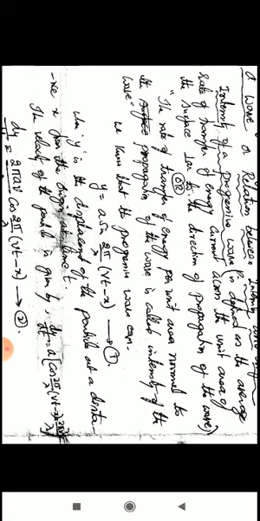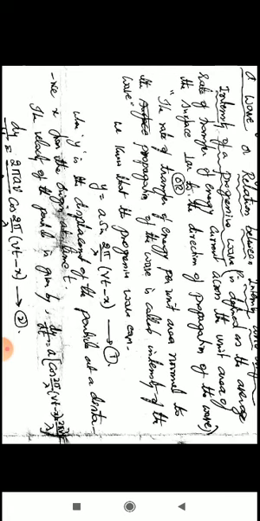Intensity of a progressive wave is the rate of transfer of energy per unit area normal to propagation of the wave is called intensity of the wave.